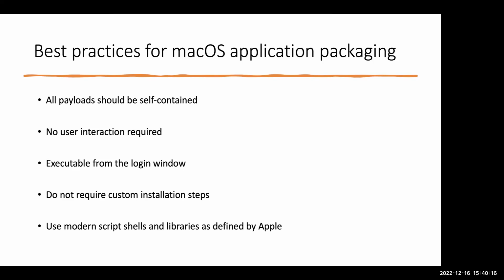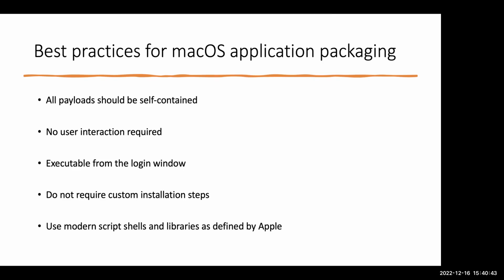The next one is it should not require any custom installation steps. If the installer provides a suite of tools or installer choices, a common example I have seen is Cisco AnyConnect. When you are installing that application, it shows you multiple options for which components you want to install. If you have that option, you cannot deploy it automatically.